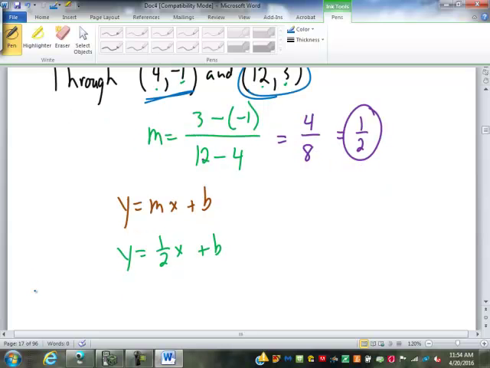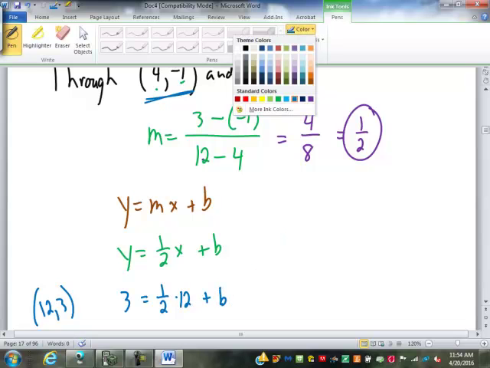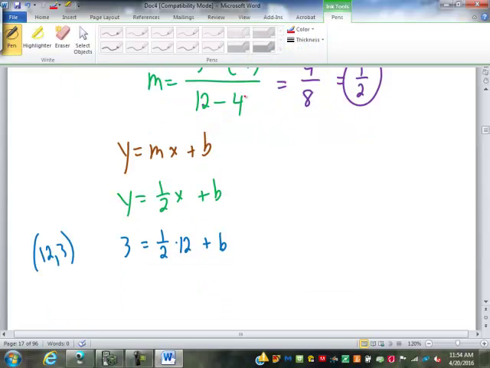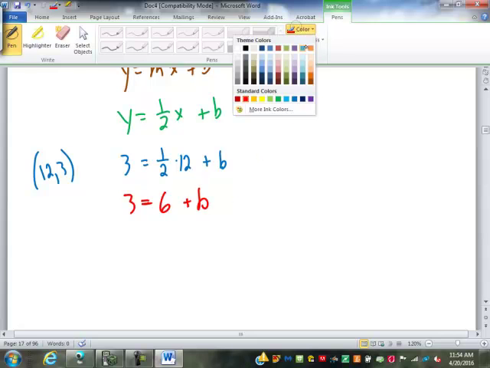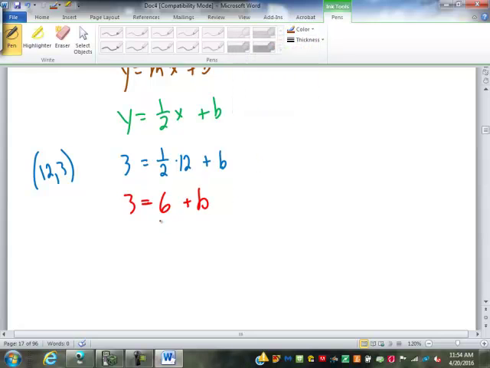The 12 goes in for the x, 3 goes in for y. So 3 equals 1/2 times 12 plus b. So I'm going to combine here. 1/2 times 12 is 6. I have to get b by itself, so I will subtract the 6. Gives me negative 3 equals b.